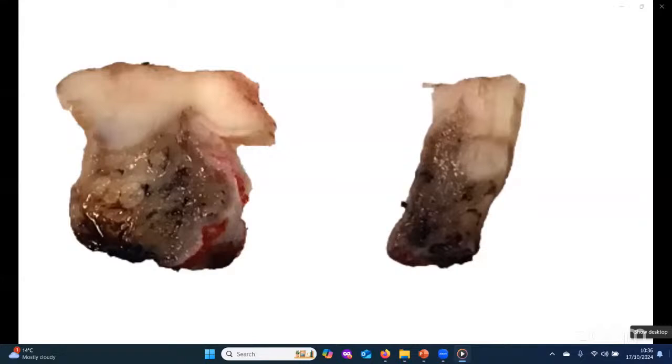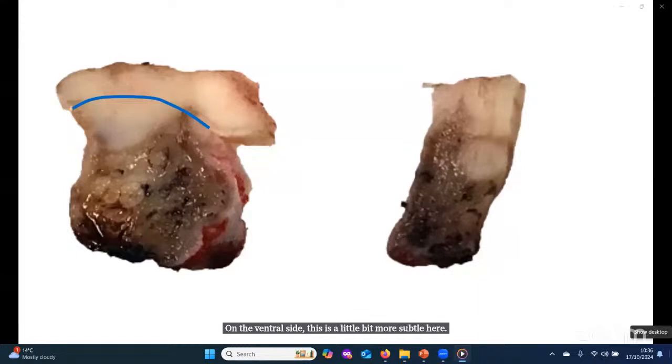On high power view, the normal level of the dorsal mucosal surface is here, and you can see the folding of the mucosa related to the exophytic tumour. On the ventral side, this is a little bit more subtle here. And this is the approximate level of the normal mucosal surface, with the macroscopic depth approximately here.